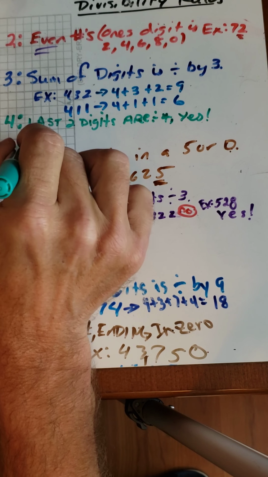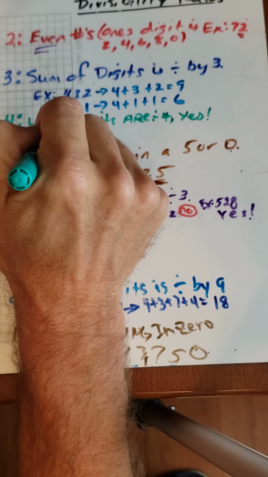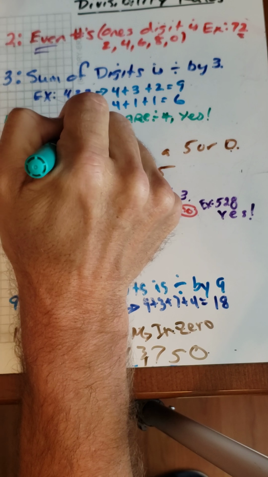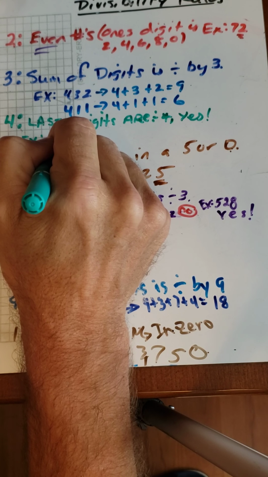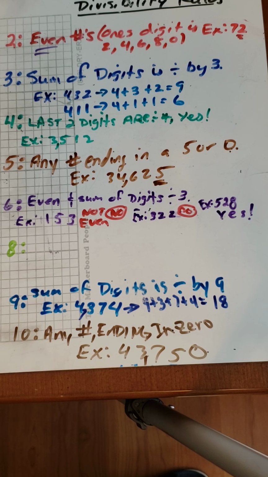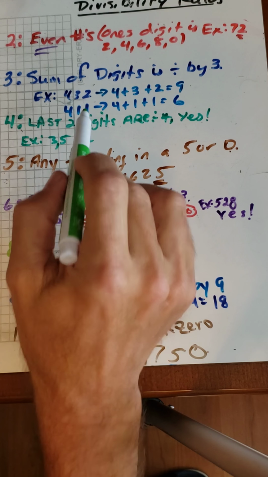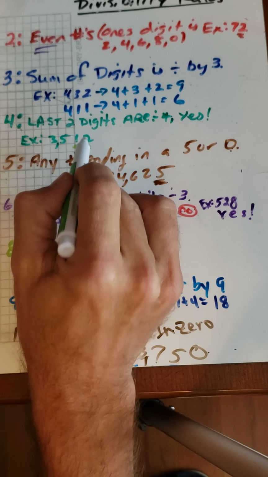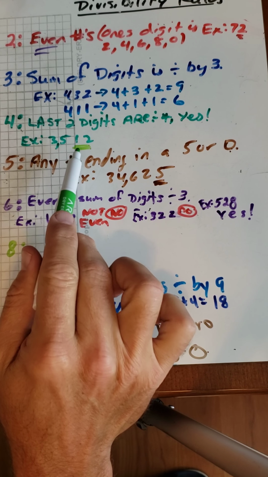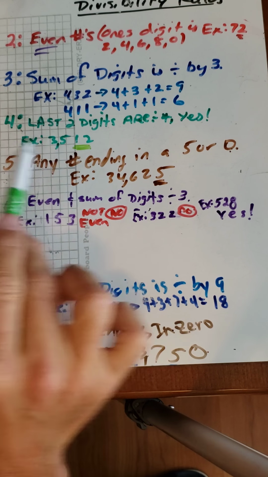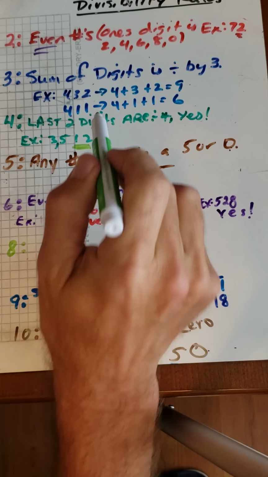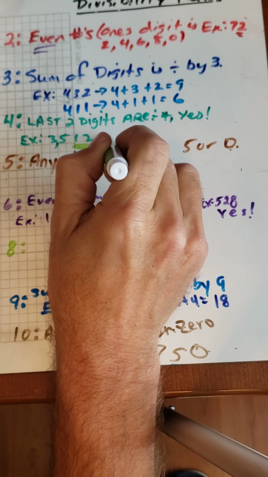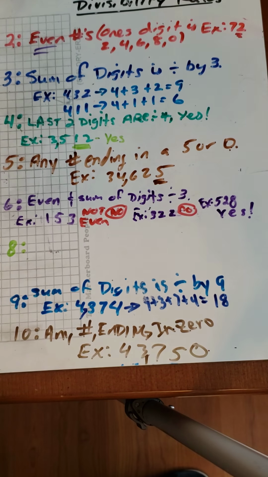An example, this is one that works. 3,512. All I need to do is look at this part right here. Look at the 12, the last two digits. Is 12 divisible by 4? Yes, 12 is divisible by 4. Therefore, yes, the whole number is divisible by 4.